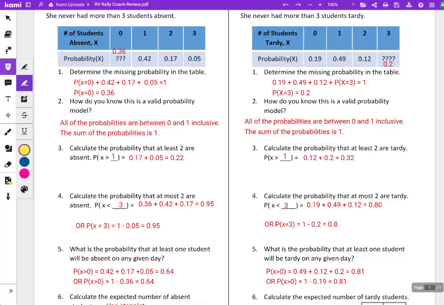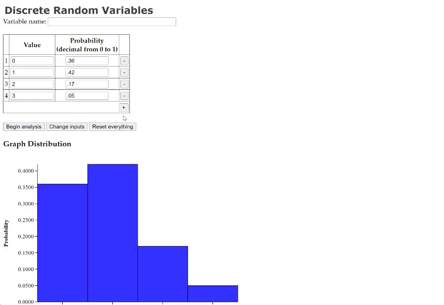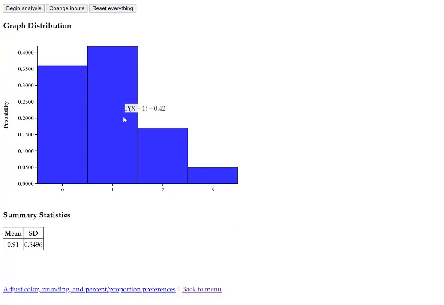And let me just refresh. 0.36, 0.42, and 0.17. And if your value here is wrong, pretend I put 0.17 again, it's going to say, oh, that doesn't work. So I have to make sure I put in probabilities that add up to 1, and it'll give me a pretty picture here.